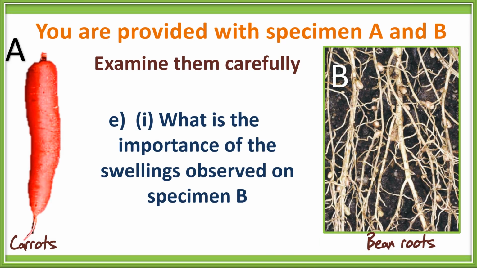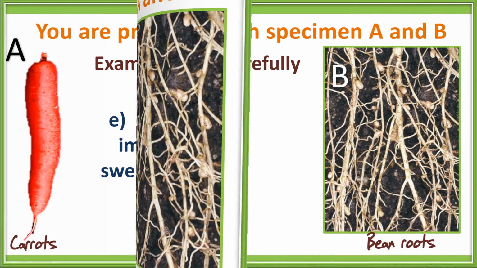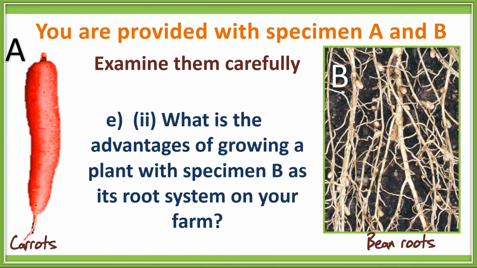What is the importance of the swelling observed in specimen B? What is the advantage of growing a plant with specimen B as its root system on your farm?